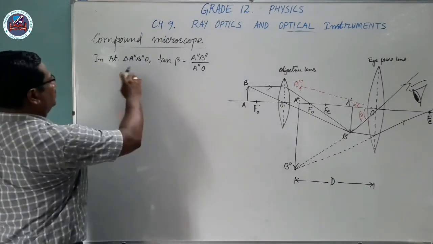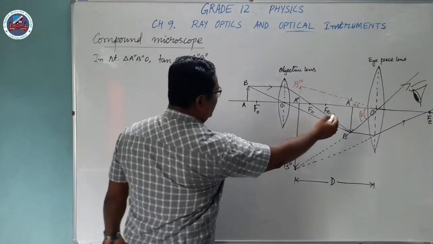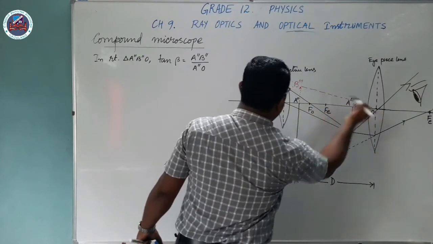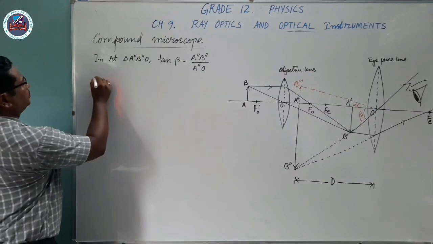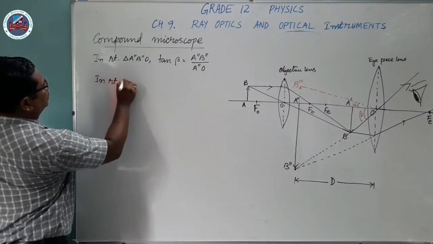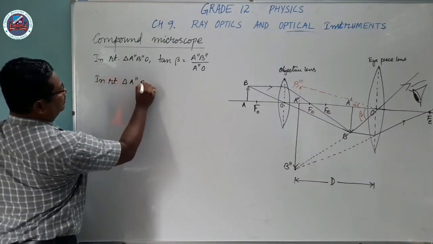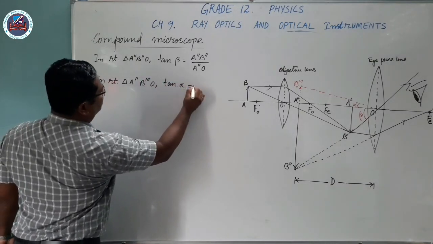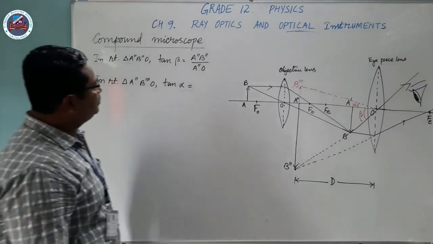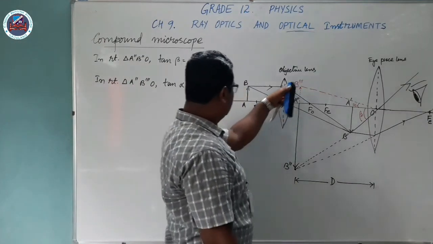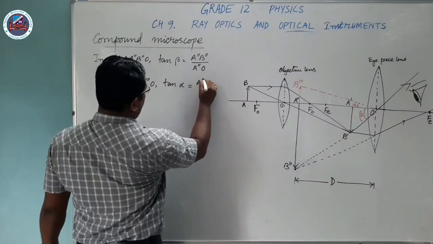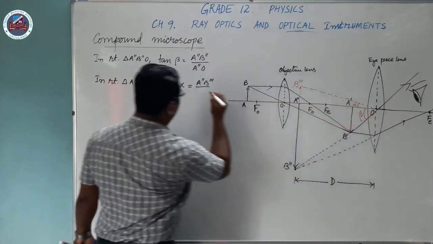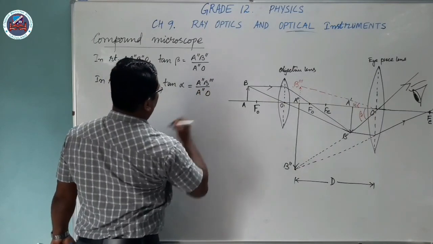And you can define tan alpha in right triangle A'' B''' O. Tan alpha is equal to A''B''' divided by A''O.